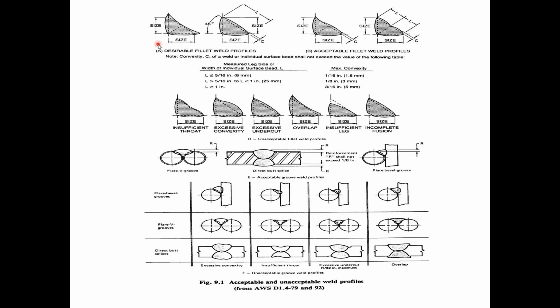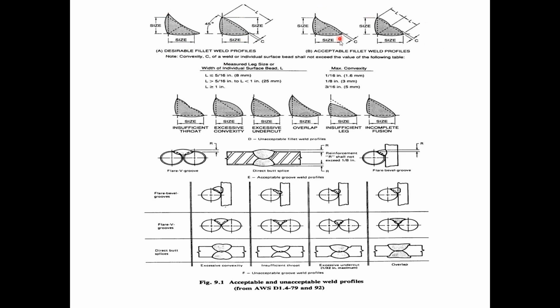And then alternatively, even though this one's concave a little bit, this one's convex. Both of them are good, consistent weld shapes that you might hope for. These two here are still acceptable, and so these are acceptable fillet weld profiles. They're maybe not desirable, so this is like perfect, or as close to perfect as you can get.